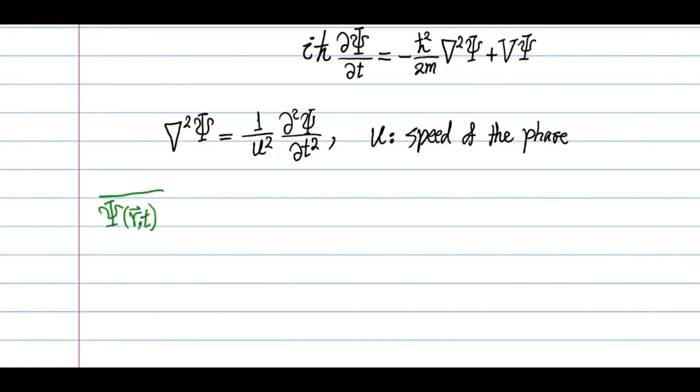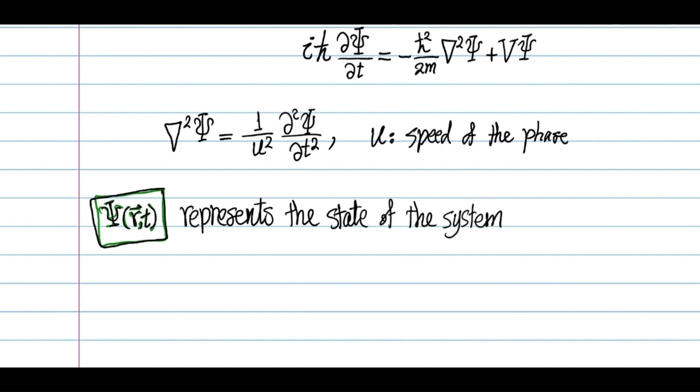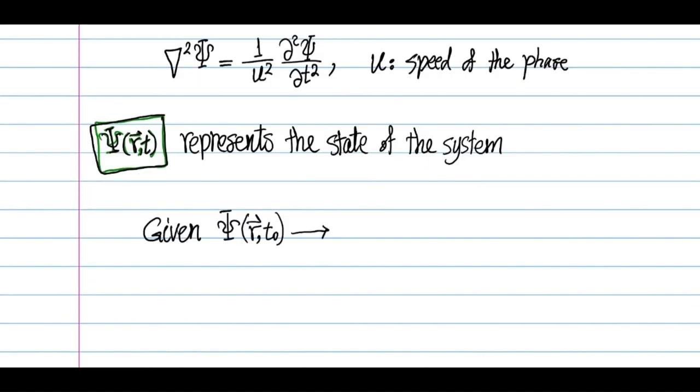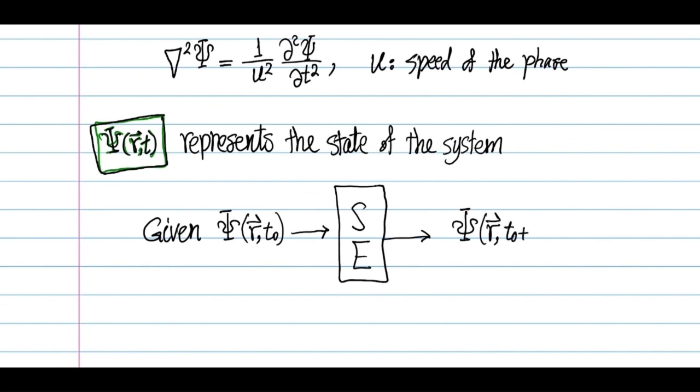Now the wave function, psi, as a function of position and time, is the amplitude of the wave at any location and any time. Given the initial profile of the wave, the Schrödinger equation describes how that profile evolves and what it will be at a later time t plus dt. This is the analog of the classical mechanics trajectory.